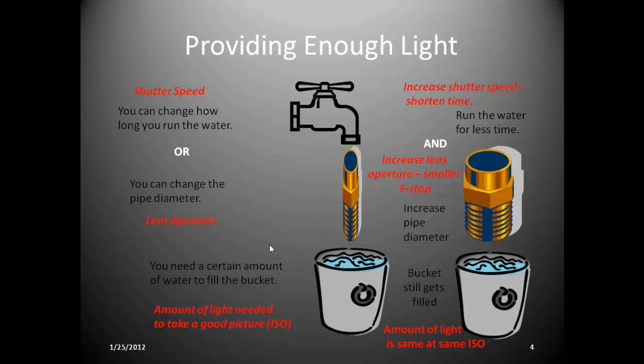Now, there are two settings on your camera that you'll see on the dial. I'm talking about the dial on top of your camera, if your camera is set up this way. Normally you'll see an A. An A stands for aperture preferred.